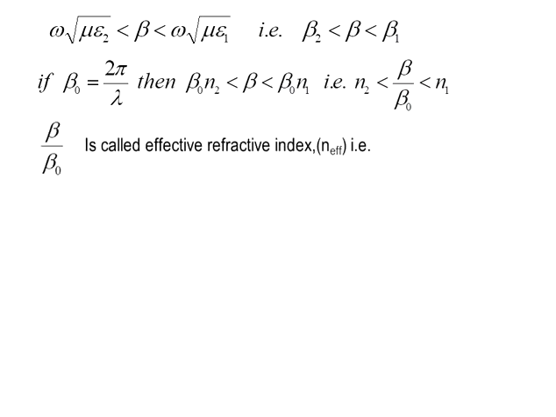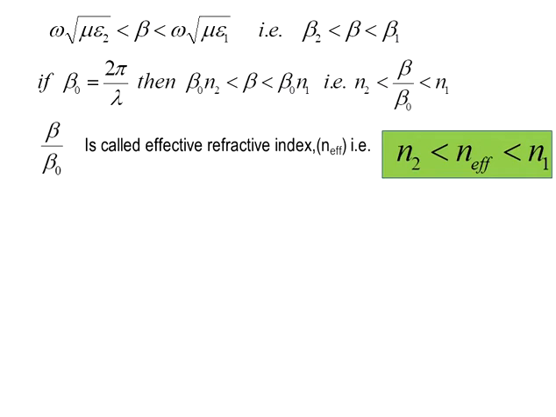This term beta by beta 0 is called the effective refractive index. It is denoted by n effective. So from this we can write that the effective refractive index lies between n2 and n1.